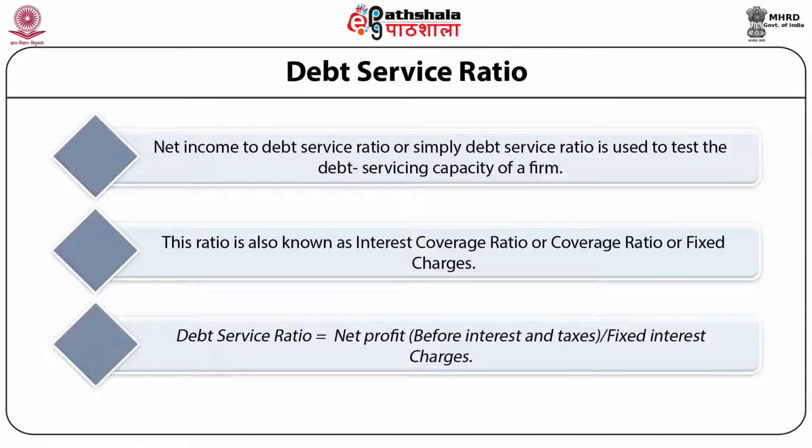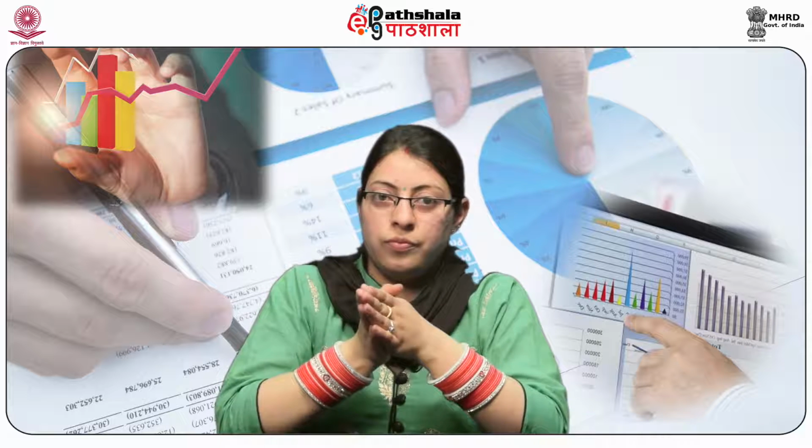Debt service ratio is calculated by using the formula net profit, that is before interest and taxes, divided by fixed interest charges.